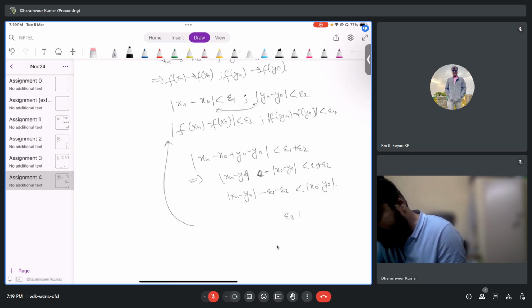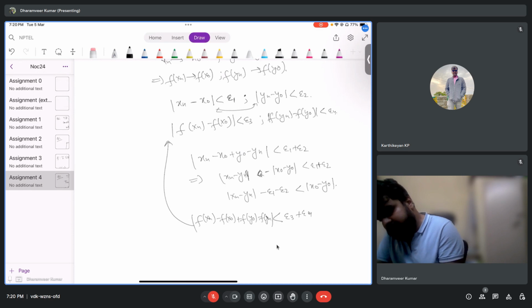Epsilon 3 plus epsilon 4 is bounded by, if you just sum this up, x_n, triangle inequality, but this time split the other way around. So this is f(x naught) minus f(y naught).